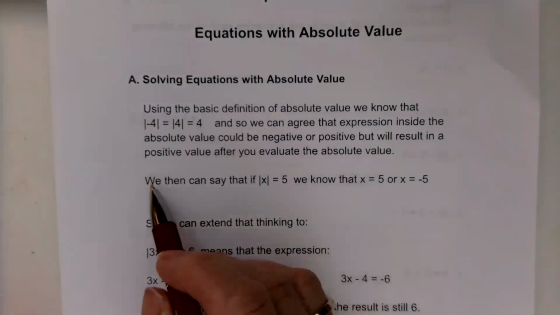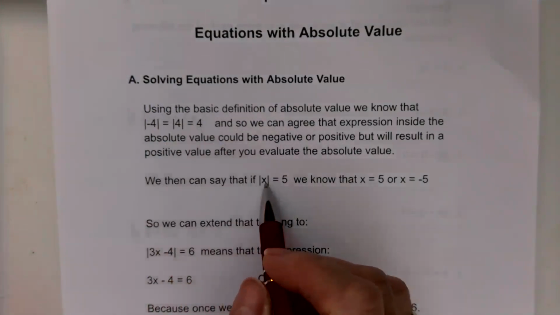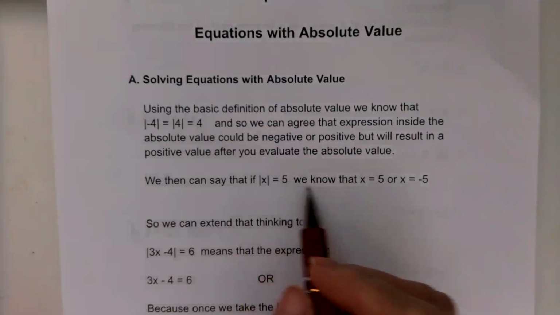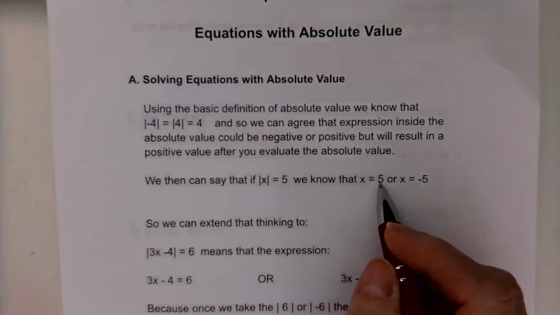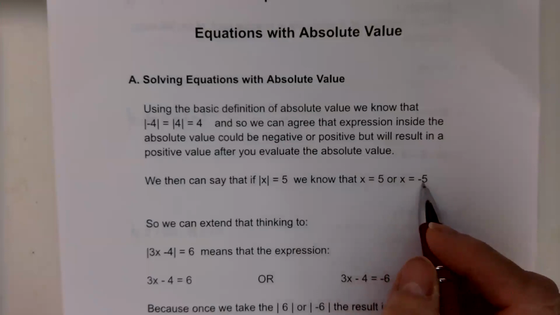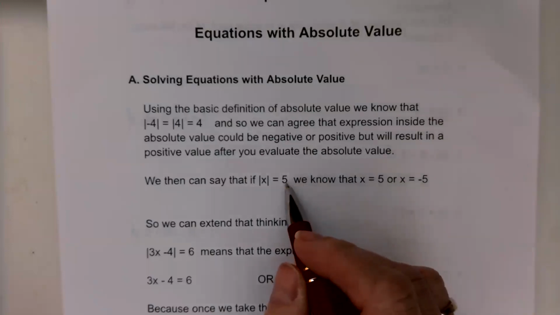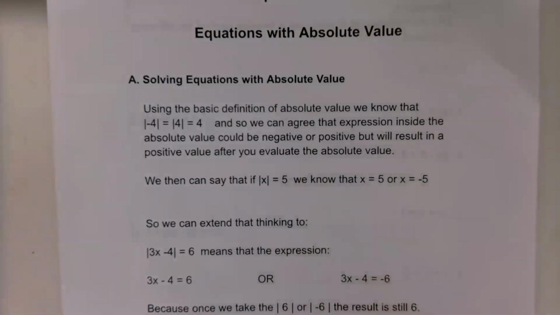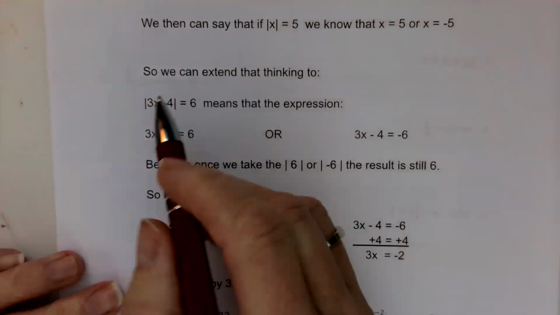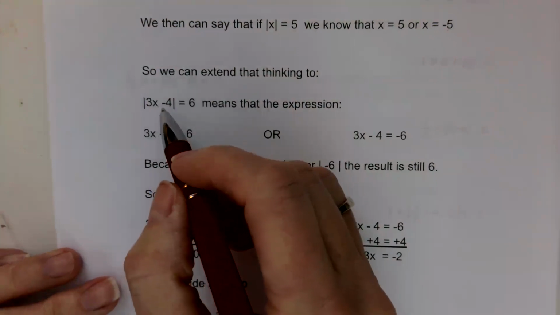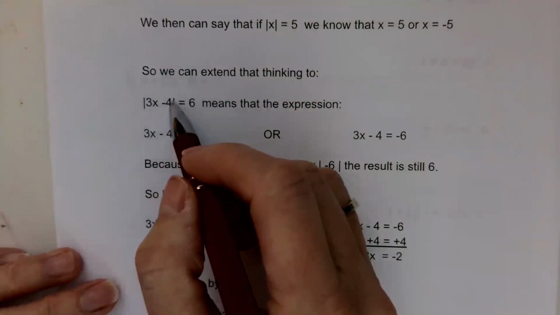So we can say that if the absolute value of any x is equal to 5, we know that x could go in as a 5 or x could go in as a -5, because just a 5 will come out. We can extend that thinking to an equation. There is an expression 3x minus 4.